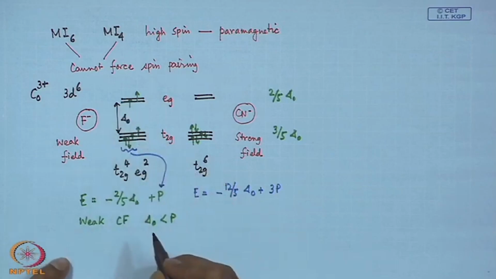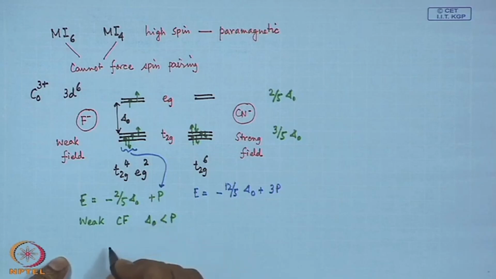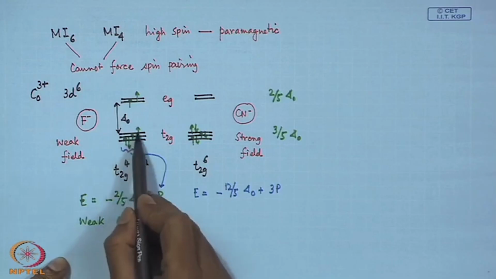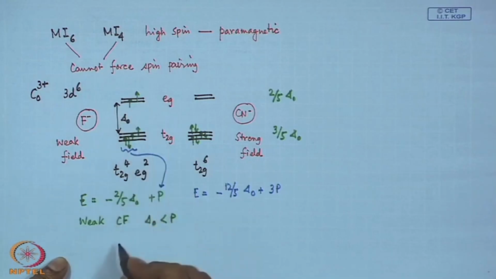So delta O is very small compared to the pairing energy, we'll have less pairing, and we get the high spin complexes having 4 unpaired electrons.